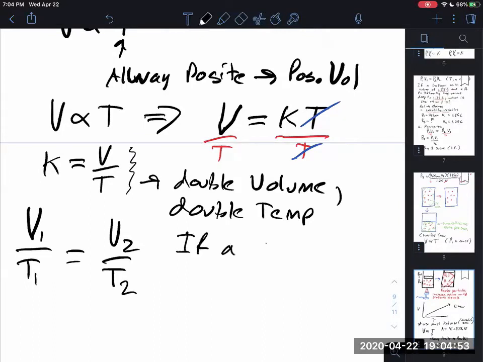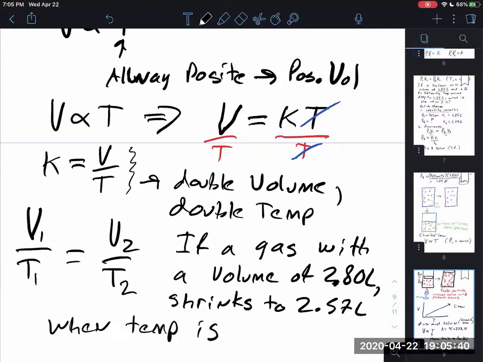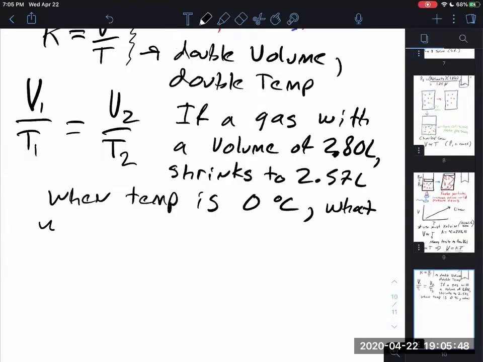If a gas with a volume of 2.80 liters shrinks to 2.57 liters when the temperature is 0 degrees Celsius, what was the initial temperature?